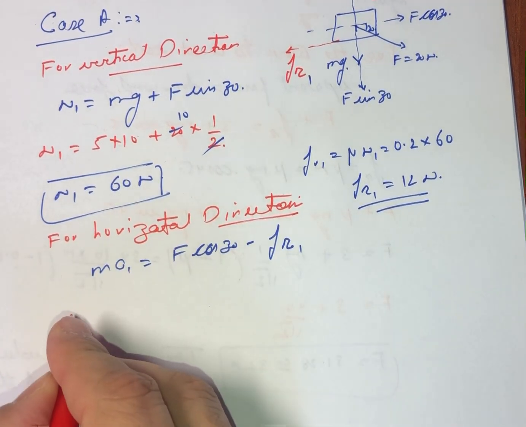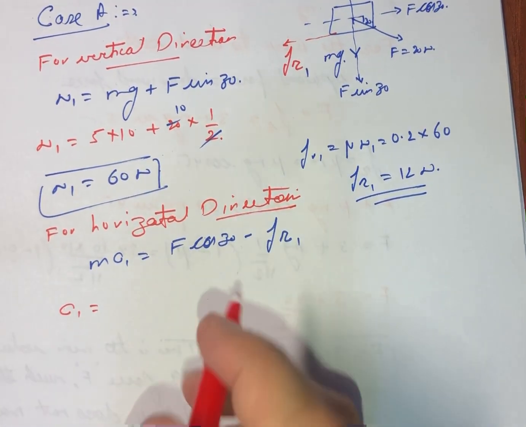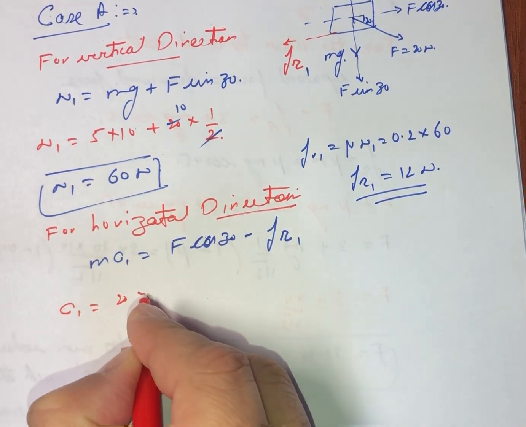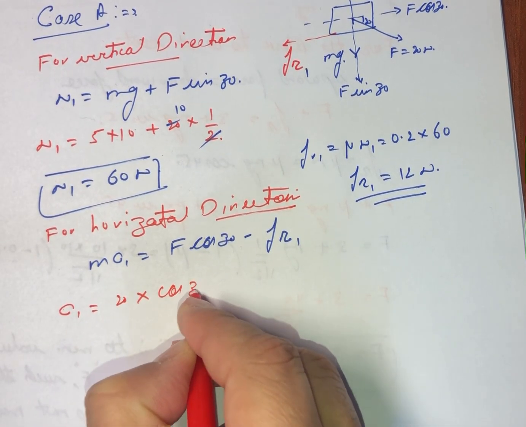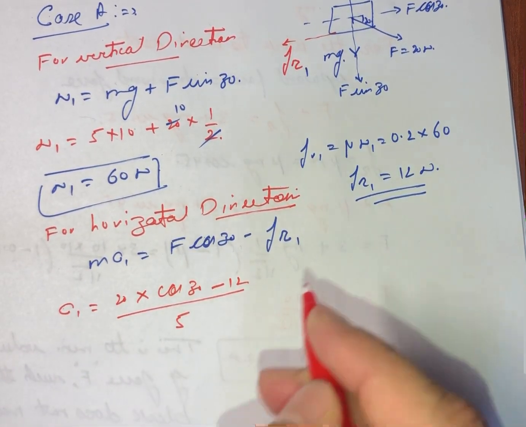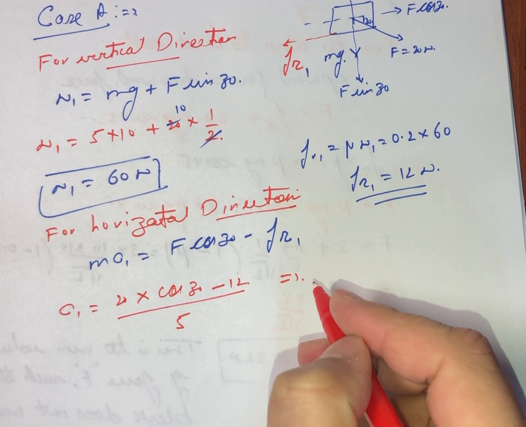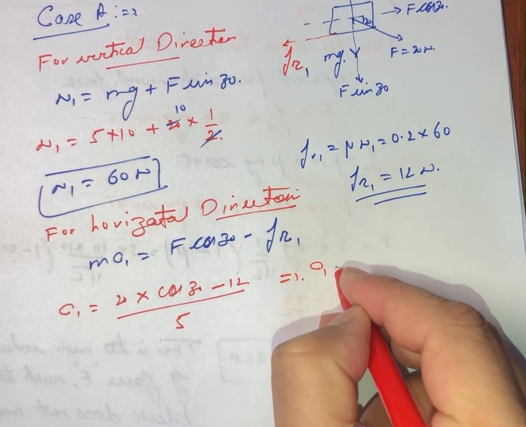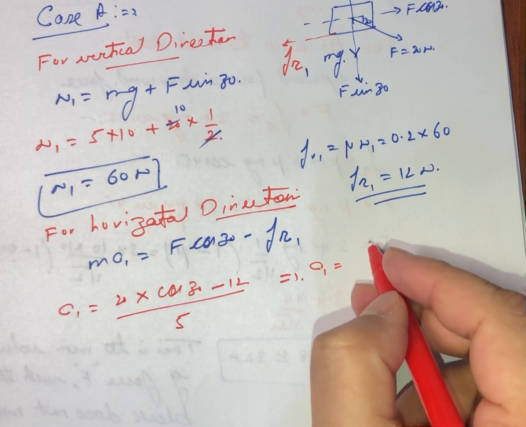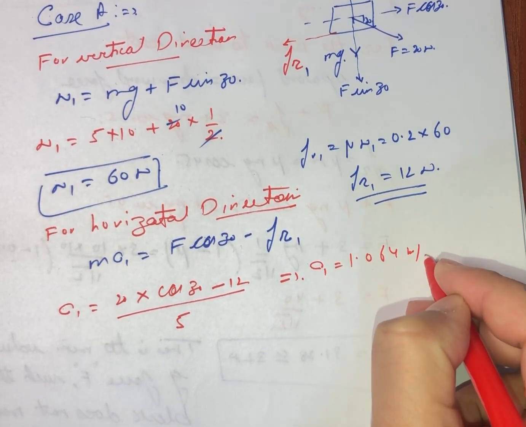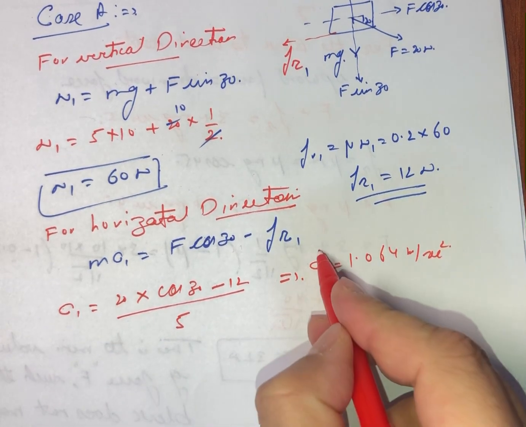Therefore the acceleration a1 will be equal to 20 multiplied by cos of 30 minus 12, divided by 5. So a1 will be equal to 1.064 meter per second square.